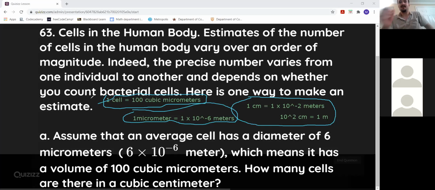Discuss. Go for it. Okay. 10 to the minus 6.